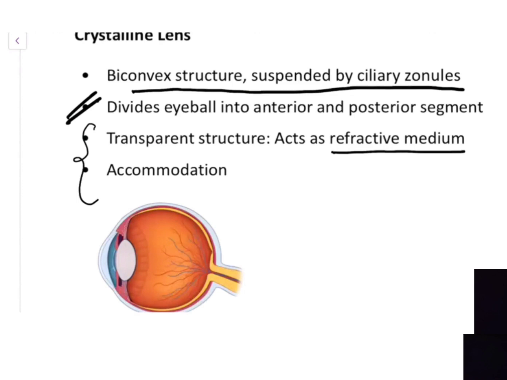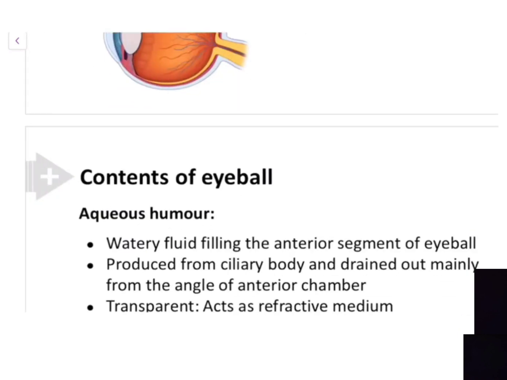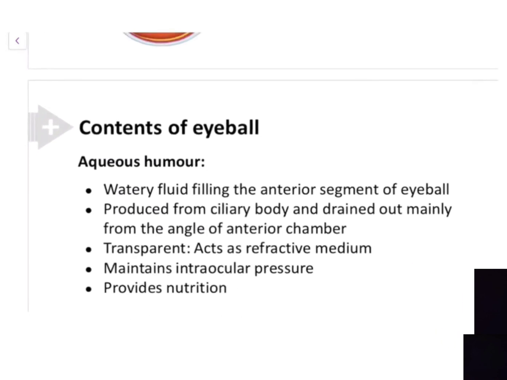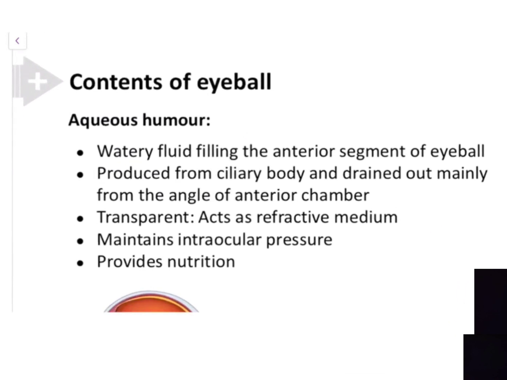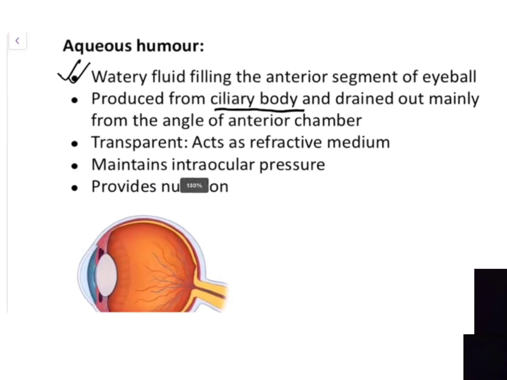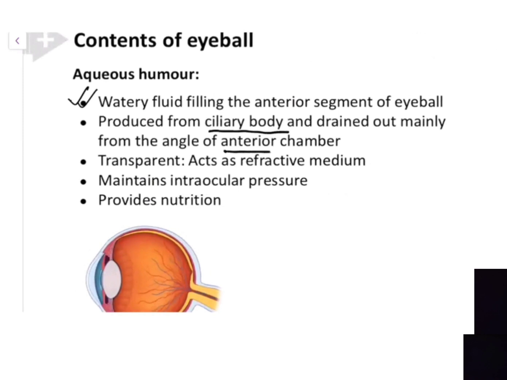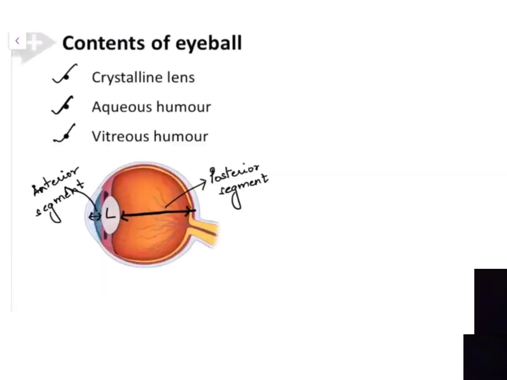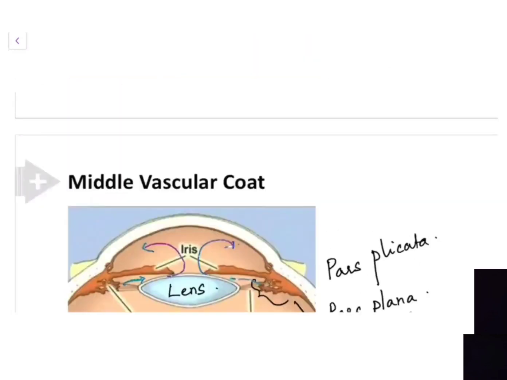Okay, so as I told you, the anterior segment is filled with a watery fluid called your aqueous humor. Now, who produces the aqueous humor? We just learned it is produced by the ciliary body, and it is drained out mainly through the angle of the anterior chamber. So what is exactly the angle of the anterior chamber? Let me go back to that picture which we had seen.